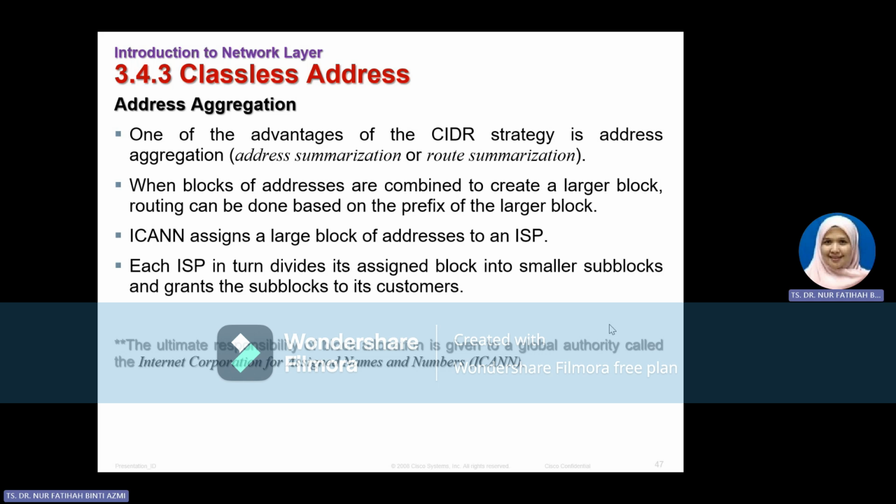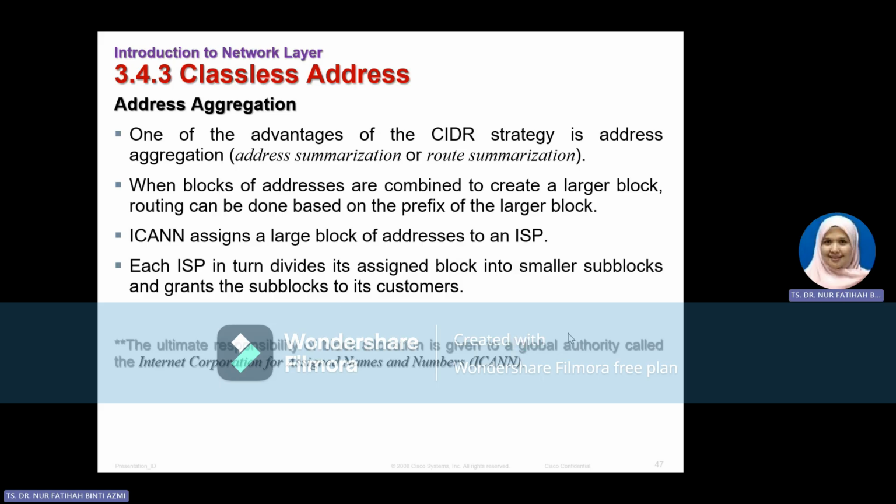Each ISP then takes its big block and divides it into smaller blocks, which in the post office analogy are our streets, and gives these smaller blocks to their customers.